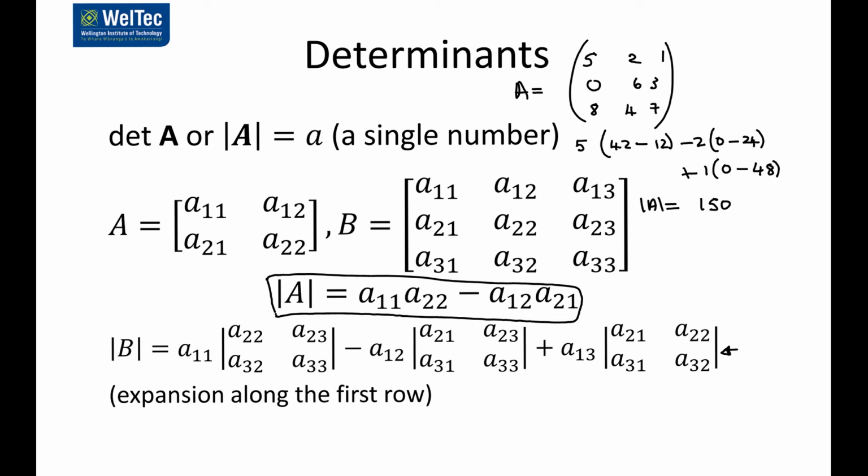We could also find that the determinant, not just of A, but the determinant of the transpose was also 150, and all you need to do is find the transpose by rearranging the rows and the columns and then doing a similar calculation.